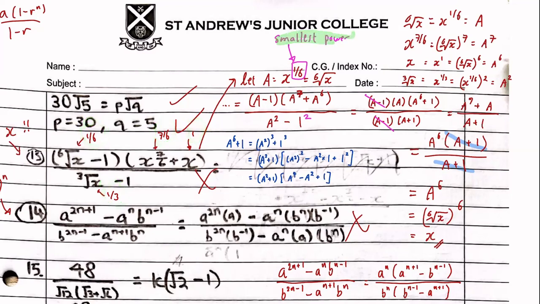You let a equal x to the power of the smallest power, so that everything will now become whole numbers, like 7, 6, 2, easier to think. Humans, I feel, are bad at fractions and negative numbers. We don't work well with negative numbers and fractions. So it's better to convert into a whole number.